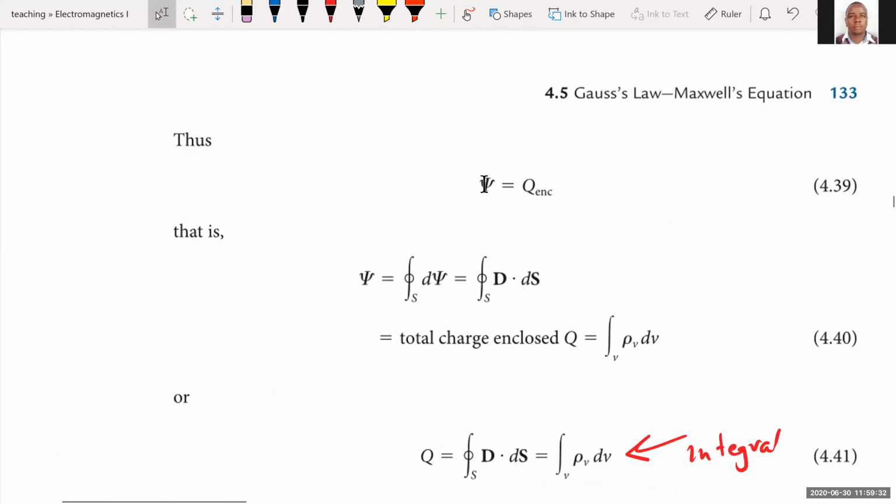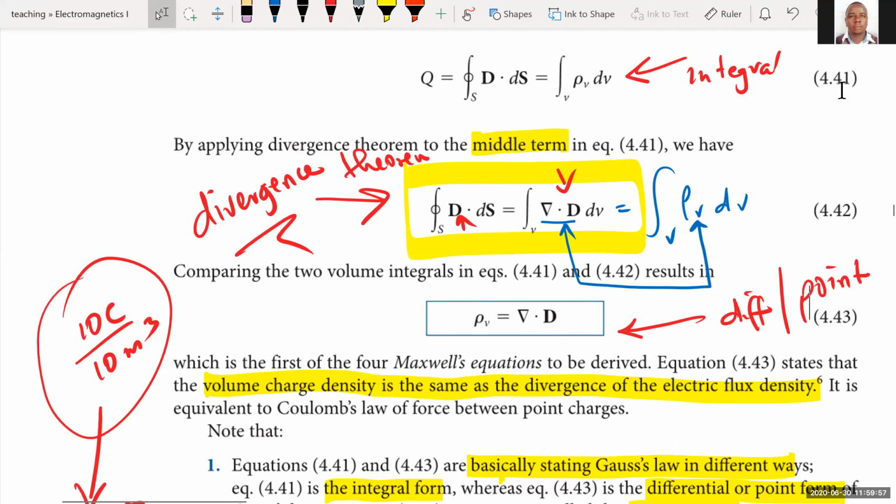From the definition of the flux, which we defined earlier as the electric flux passing through the surface, we end up with equation 4.1, the definition of Gauss law in the integral form, equating the volume charge density integrated over the volume to the flux enclosed.